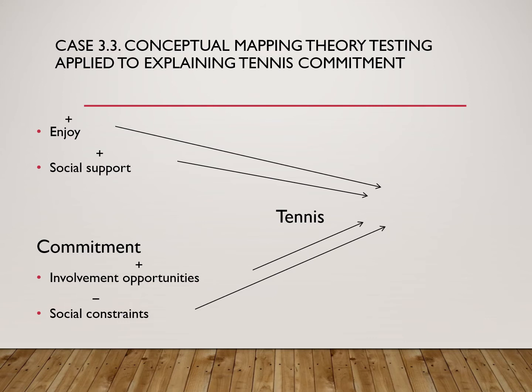The next is social constraints, or maybe time commitments elsewhere. So we look at variables that also may take away or subtract from tennis commitment. Through this, we can identify a good idea of what tennis commitment really takes. And so we can formalize that theory with a pretty grand statement saying someone may be more interested in committing to tennis if they have these factors.